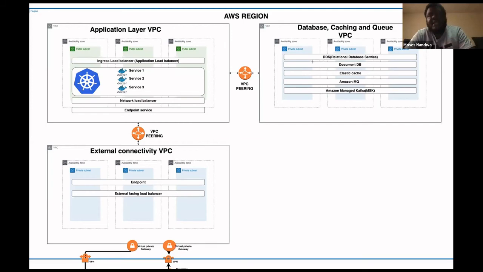But if you use AWS managed services, your data will be synchronized across, and in case of downtime, the switchover will be almost seamless. You basically don't even need to change anything. It's just an endpoint that will continue being the same endpoint that you'll be using. I don't know whether I've answered that question.